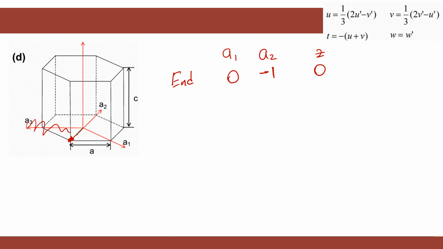Is that right? Start is 0, so if n minus 0 will be the same thing. Did you get 0, -1 and 0? So where did you go wrong?